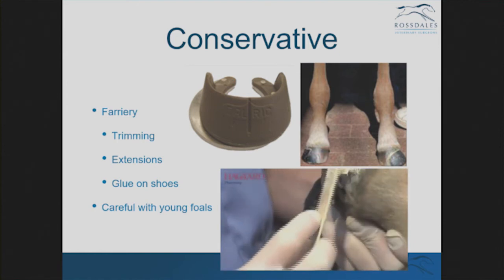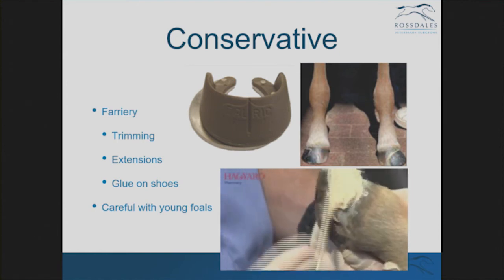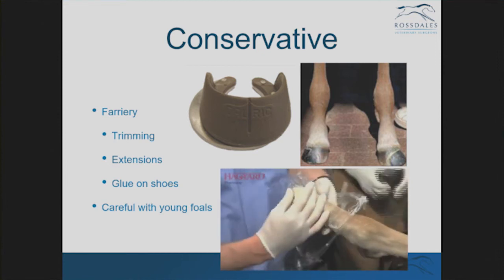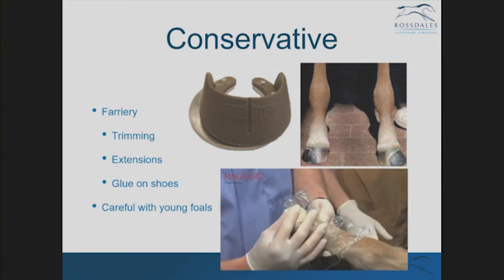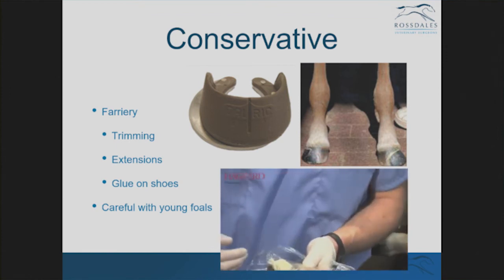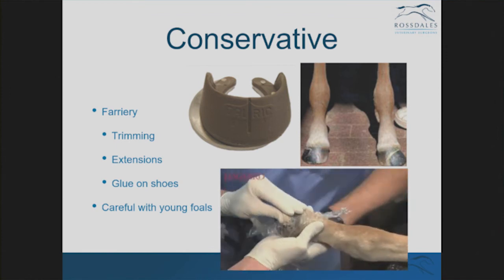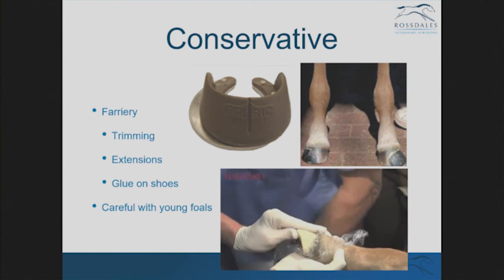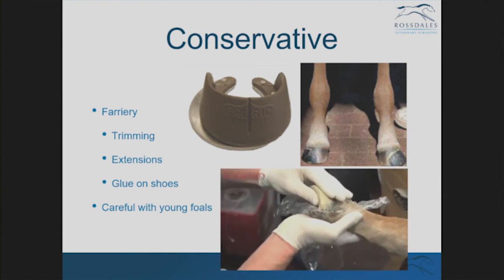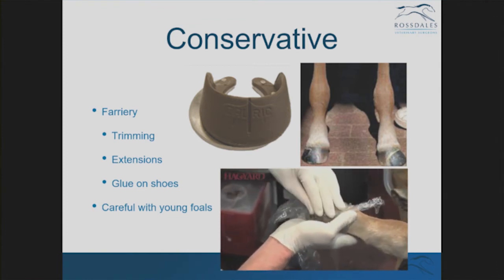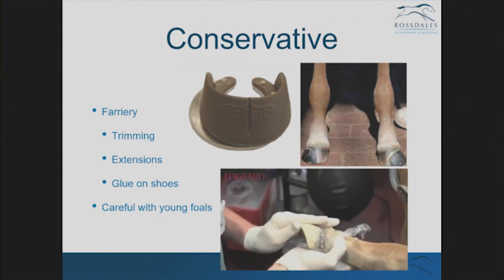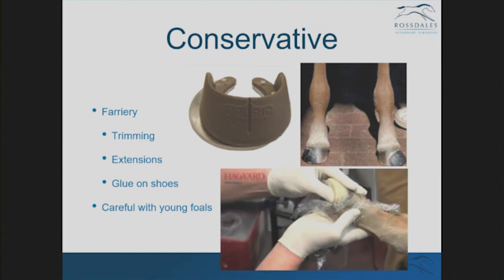Conservative would also include farriery: trimming, extensions, glue-on shoes, etc. There's a range of different things out there, but we'll just touch quickly on extensions. I prefer using extensions on younger foals, and in this video we're putting a little Equilox extension on the outside of a foal's foot.